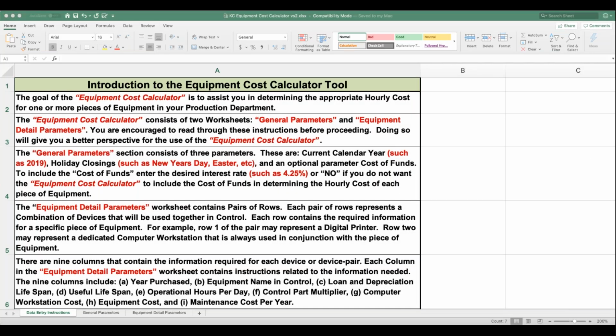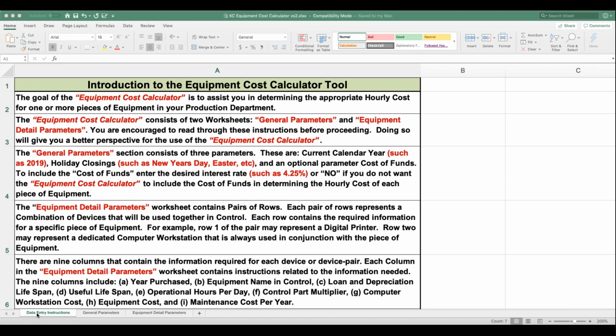Okay, this is the equipment tool. Our intent is sometime in the next few weeks, we hope to post this on the Sirius website so that anybody that wants to use it can do so. This worksheet and the one for labor are structured in much the same way.